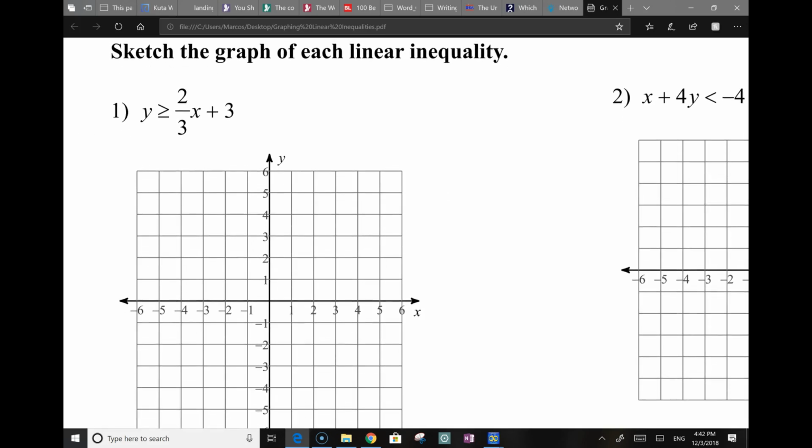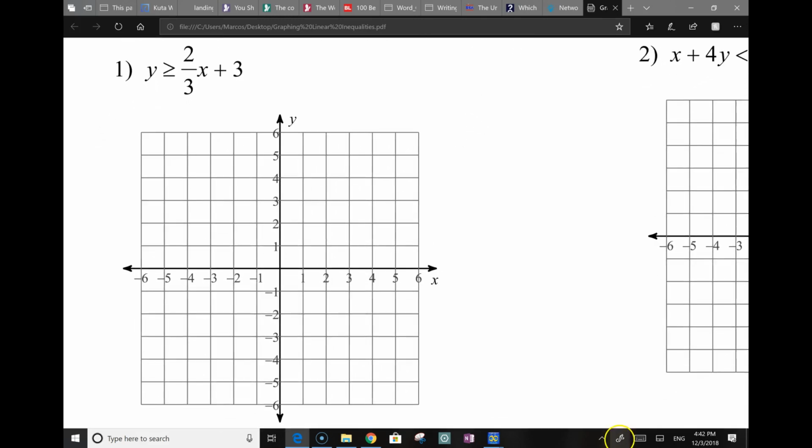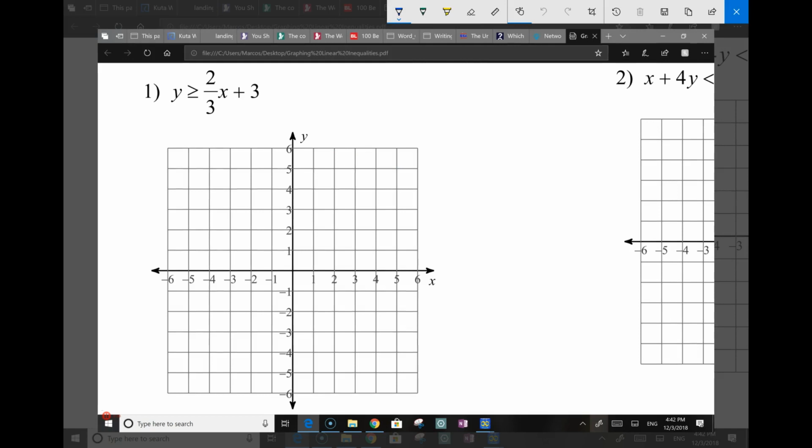So it says sketch the graph of each linear inequality. Now normally when you're dealing with graphing lines, you want to remember the principles of graphing. This particular linear inequality is of the form slope-intercept form, which is y equals mx plus b.